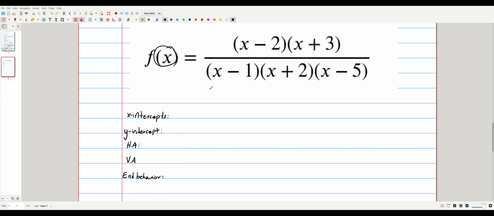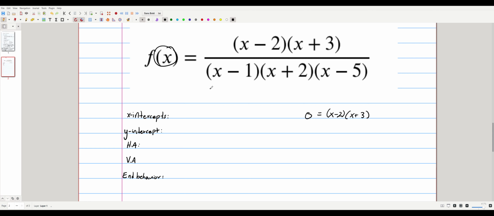So to do that, we have x minus 2 times x plus 3. And so we're going to set that equal to 0 and solve. And since this problem has already been factored for us, it may not always be the case that they give us the factored form, we know that using the zero product property, two numbers multiply to 0 if and only if at least one of them is 0.